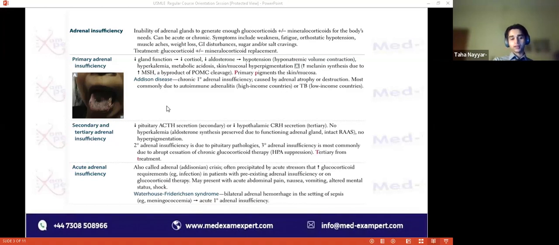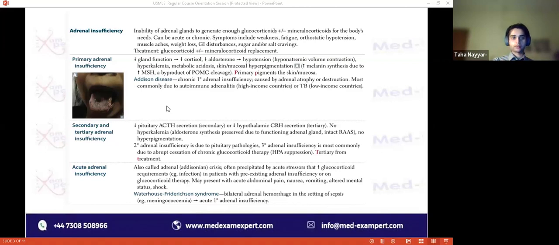Now, one other important thing: patients who are suffering from some sort of autoimmune disorders are usually taking steroids for a very long period of time. And whenever we are giving exogenous steroids, these exogenous steroids basically inhibit the hypothalamus pituitary axis.